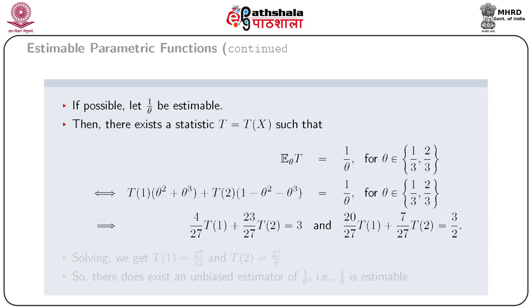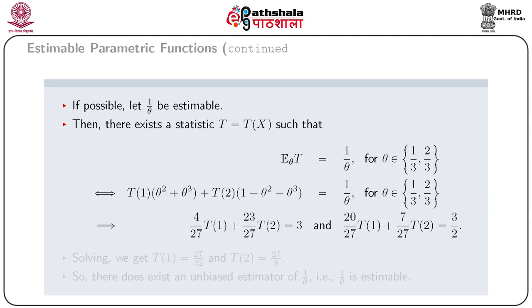Then there exists a statistic T which is an unbiased estimator of 1 by theta. Hence, expectation of T under theta equals 1 by theta for theta equals 1/3, 2/3, which implies t1 into theta square plus theta cube plus t2 into 1 minus theta square minus theta cube equals 1 by theta for theta equals 1/3, 2/3.